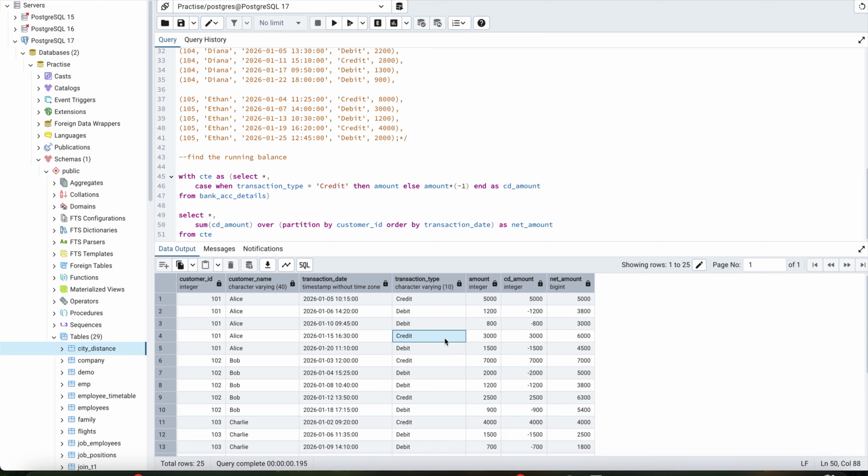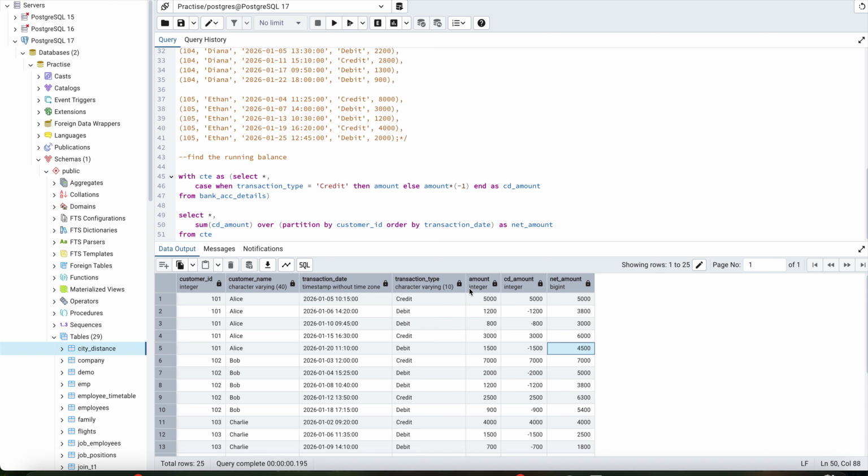Then on the 15th she gets another 3,000, which gets added as it's a positive number, and a total of 6,000 remains in her account. And lastly, on the 20th she withdraws 1,500, which gets deducted from the previous 6,000, and so her net amount is 4,500. Simple and easy peasy.